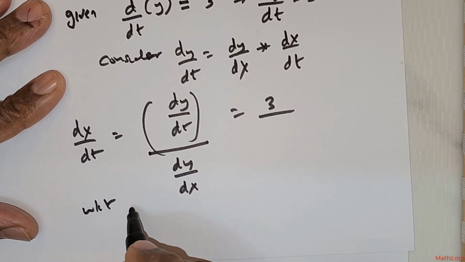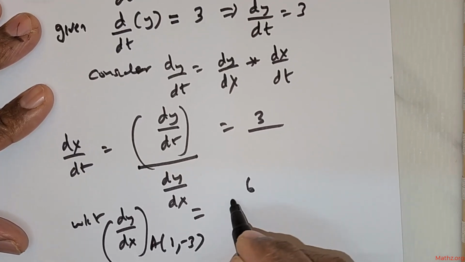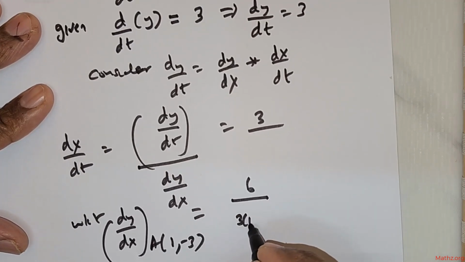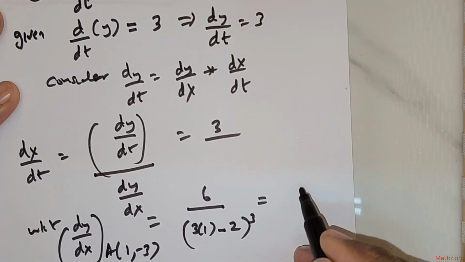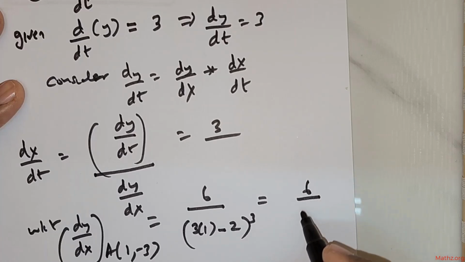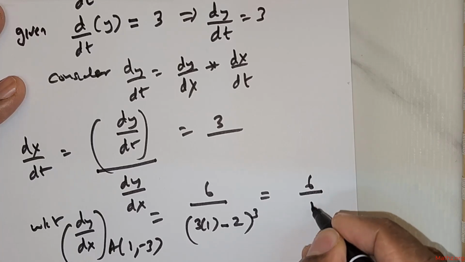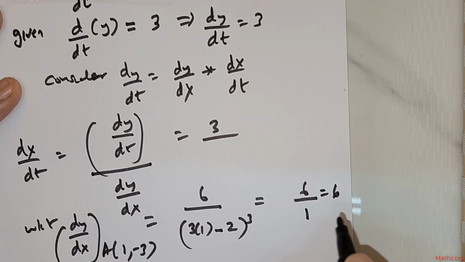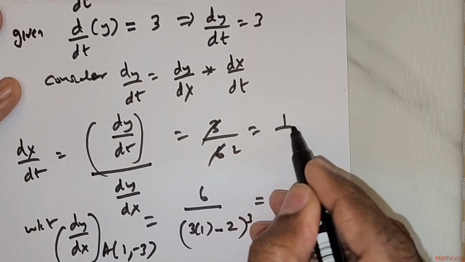We know that dy over dx at the point A (1, -3) is equal to 6 over (3 times x, with x equal to 1, minus 2) raised to the power of 3. Now this is equal to 6 over (3 - 2), that's 1 raised to the power of 3, that's 1 cubed is 1. So dy over dx is equal to 6. So we take the 6 and place it over here: 3 divided by 6 is 1 over 2.